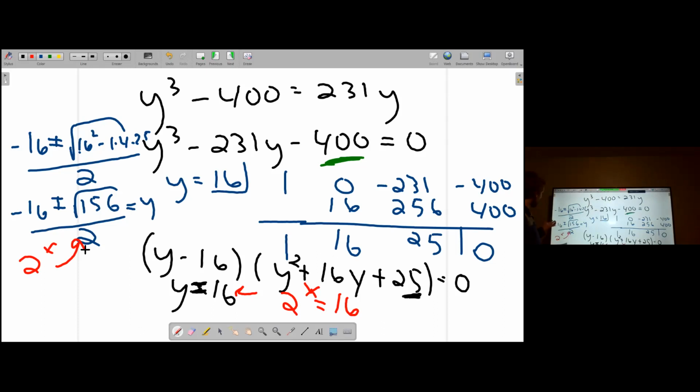Well, something that's kind of nice, I noticed that these are negative, right? Because the root of 156 is going to be smaller than 16. So when we're solving something like 2 to the x equals a negative, you might be tempted to take the log base 2 of both sides.